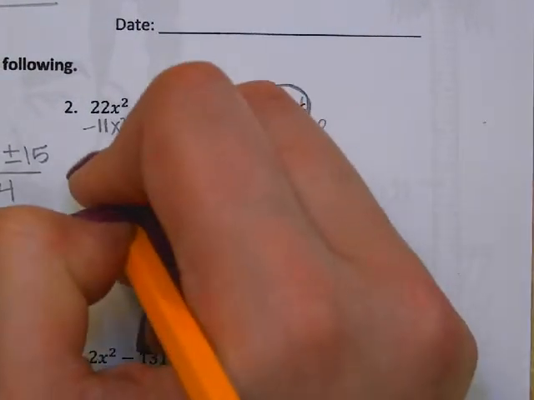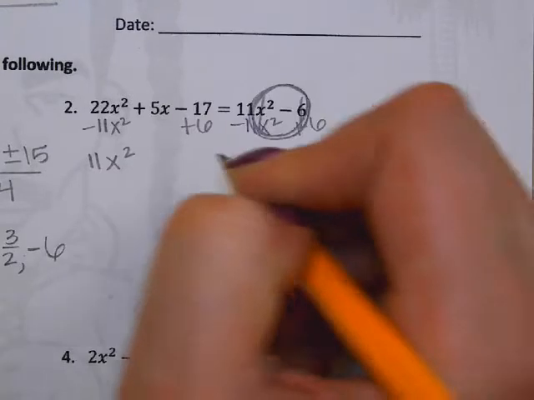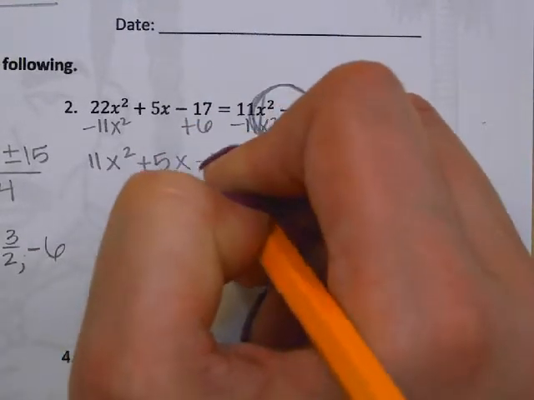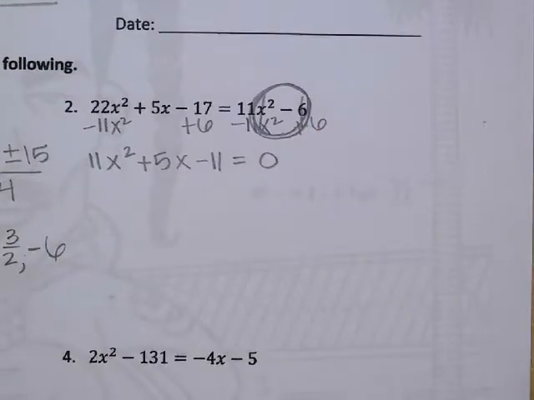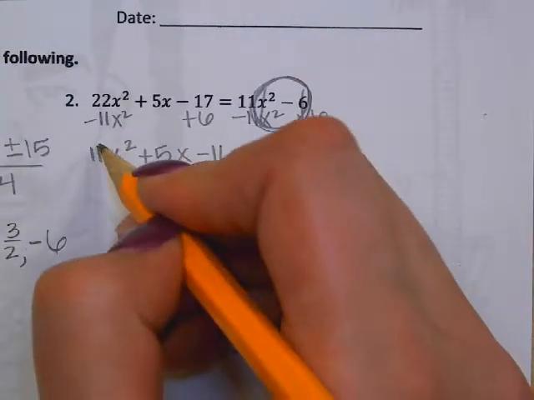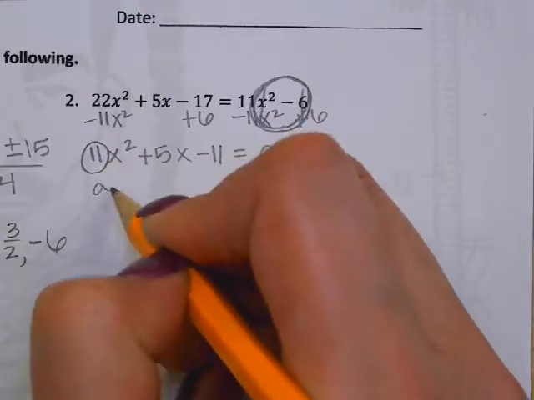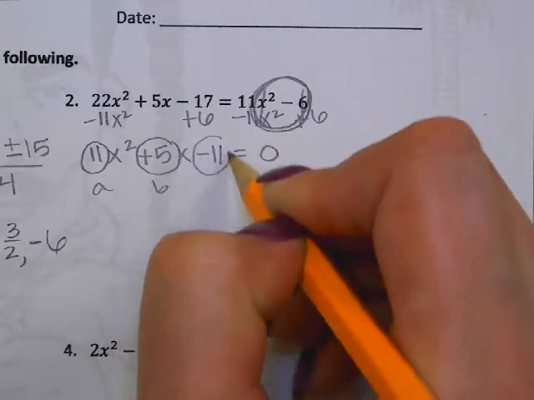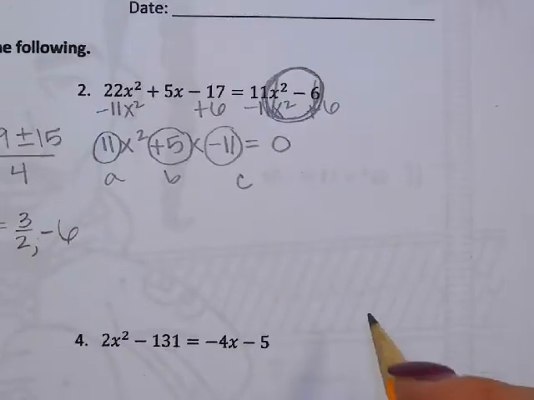So I have 11x squared plus 5x minus 11. And so there's my A, there's my B, there's my C.